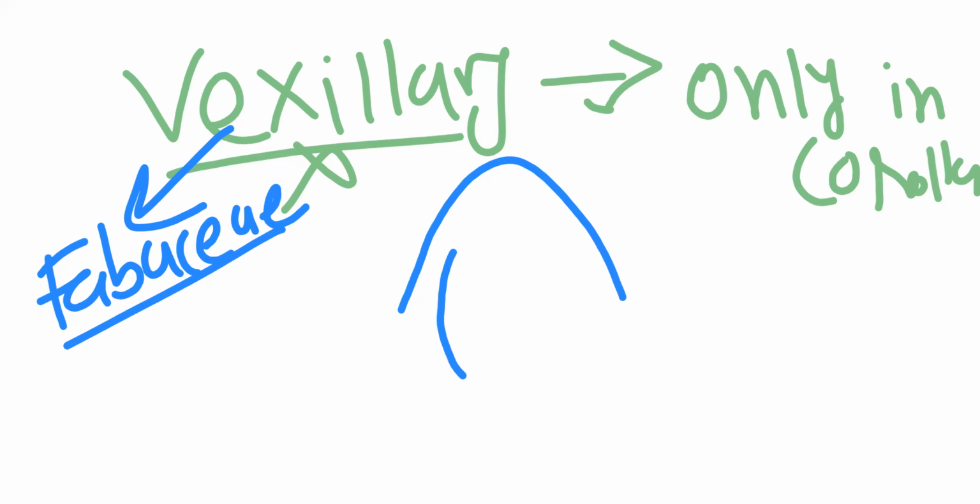Then the next two petals are moderate, and then two petals are very small. They are arranged in this way. One is very large, then moderate, and then small size petals. So this type of arrangement we call vexillary estivation.